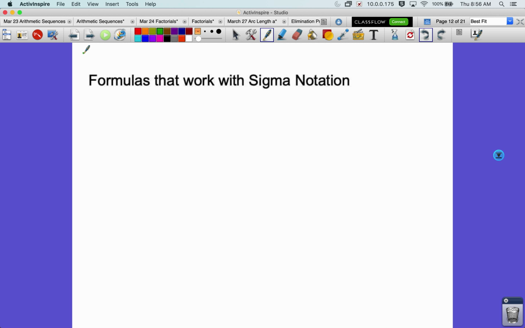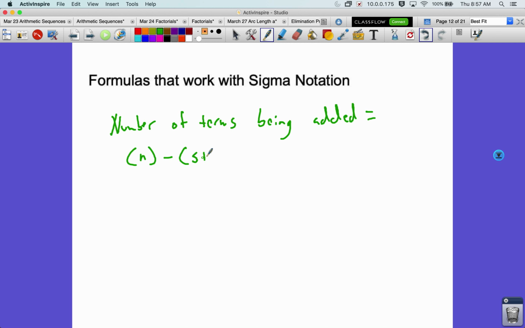All right. So there's a couple of formulas that work with sigma notation. One is that the number of terms being added equals the n, the end point on top, minus the starting number.